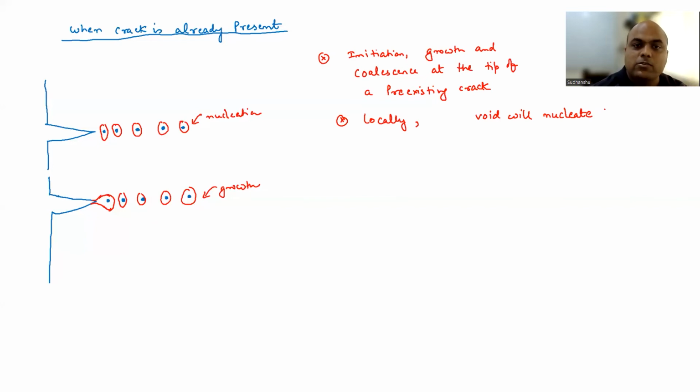Okay, so you are going to see void nucleation, and remember, because it is in triaxial mode also, because of the stress concentration, void nucleation becomes much easier when you have a presence of crack. Okay? So locally void is going to nucleate, they are going to grow and link up with the main crack.